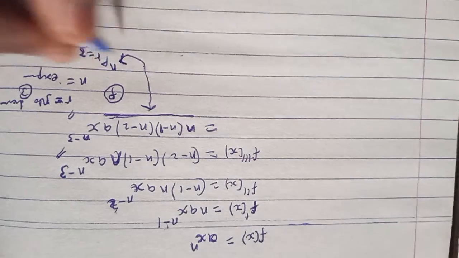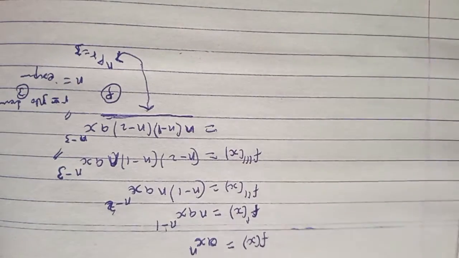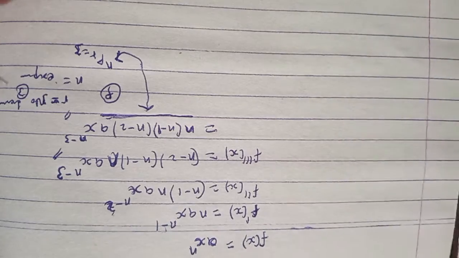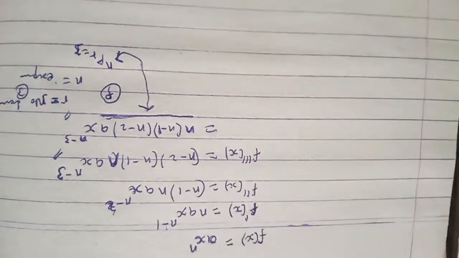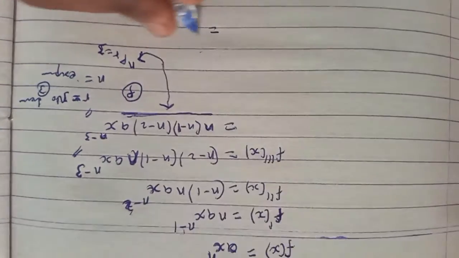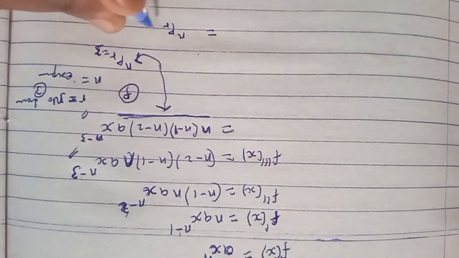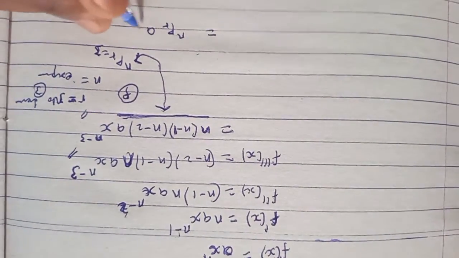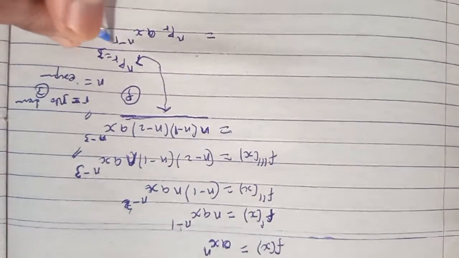Have you seen that, guys? But I denoted r as the number of differentiations, whether the second derivative, the third derivative, and onwards. So then I modified it to n permutation r multiplying by a and multiplying by x power n minus r.